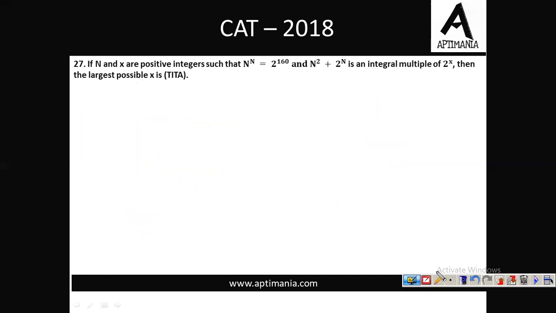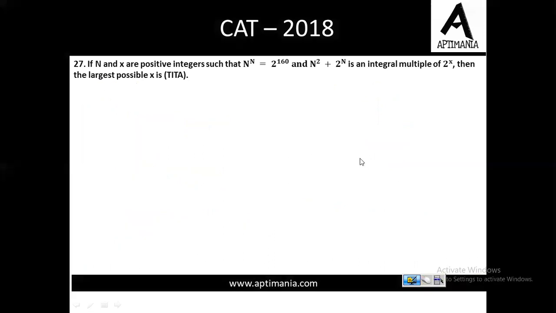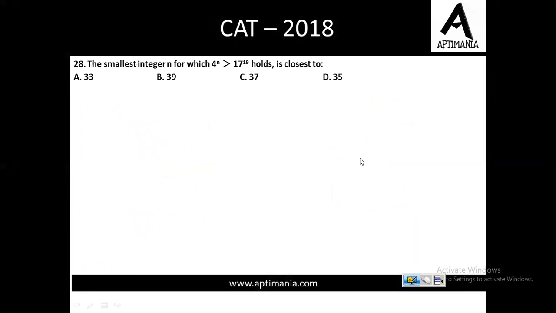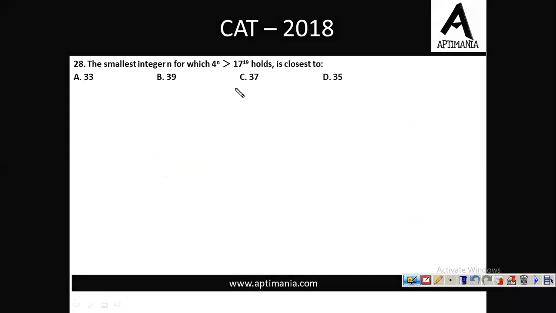Let's go ahead for the next question. Question number 28. The smallest integer n for which 4 raised to the power n is greater than 17 raised to the power 19 holds is closest to, right? In order to solve this, we'll just check it by options. The options available are 33, 37, 35 and 39.